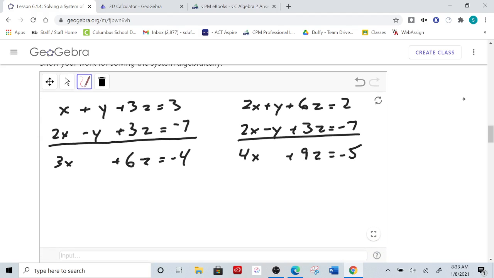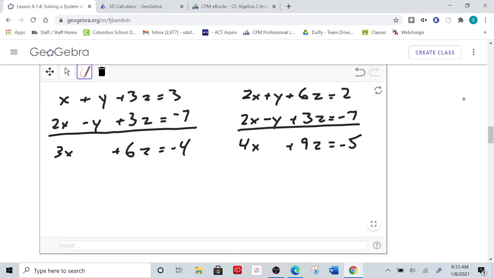Now I have two equations that both have just x and z.